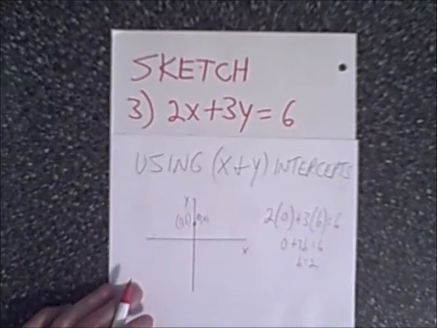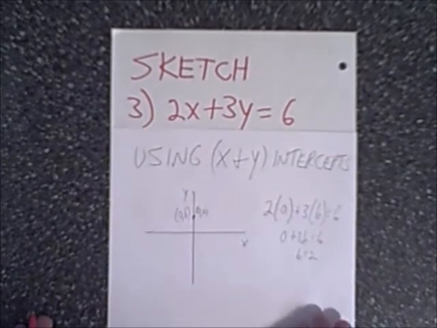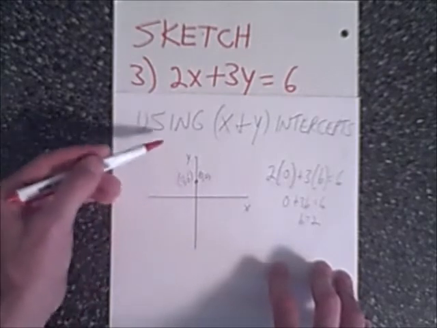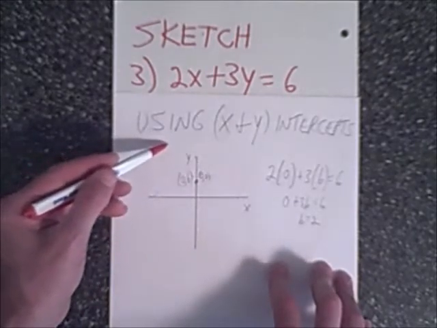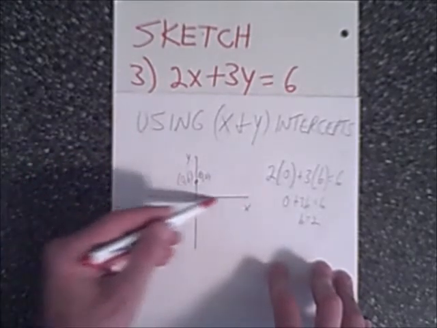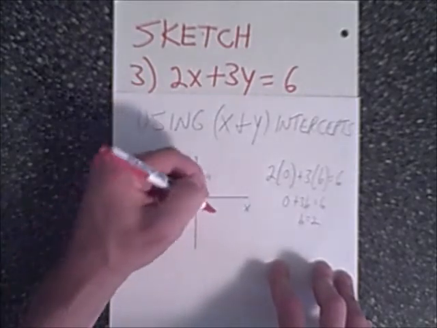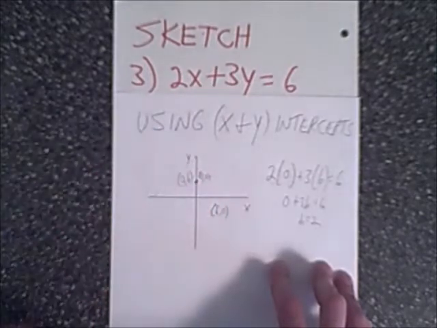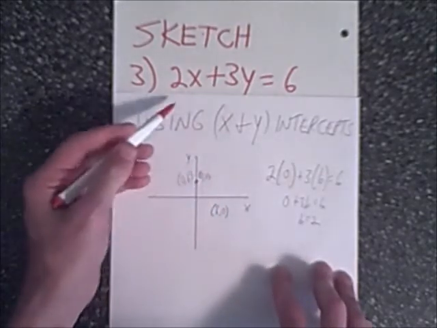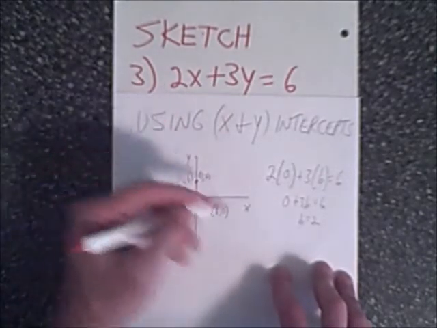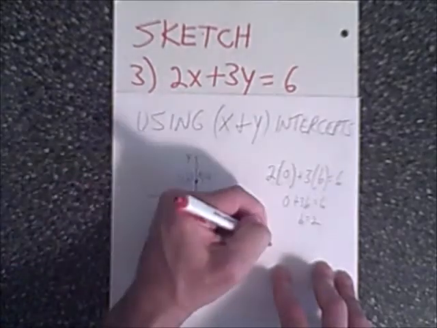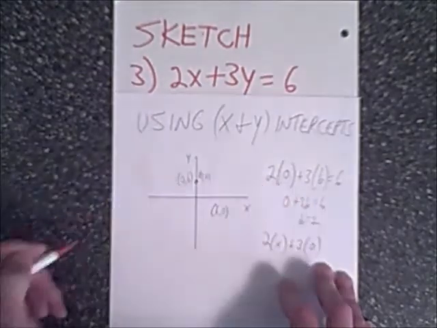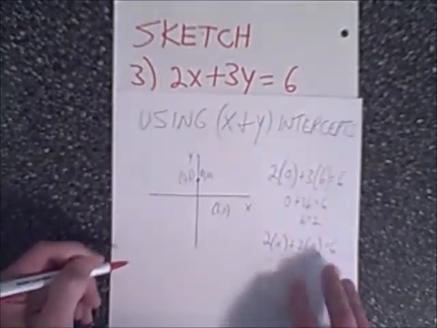Okay. Similarly, if we want to find the x-intercept, we are reminded that the x-intercept is the point where the line will go through the x-axis. So it's going to be somewhere here. Okay, and that coordinate is going to be something, 0. So let's take this and again substitute it back in. So we're going to have 2x plus 3, and substitute the y value of 0, equal to 6.